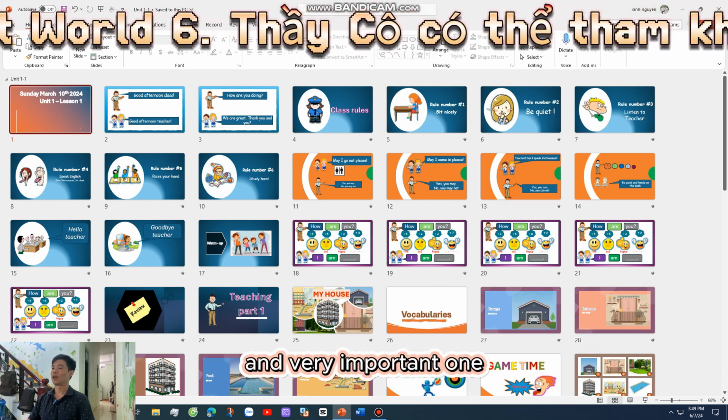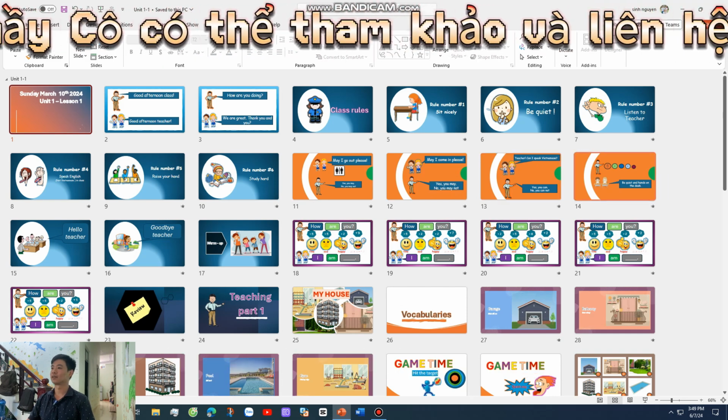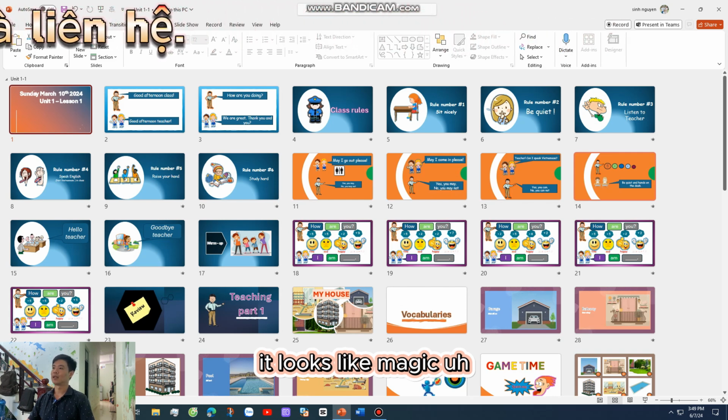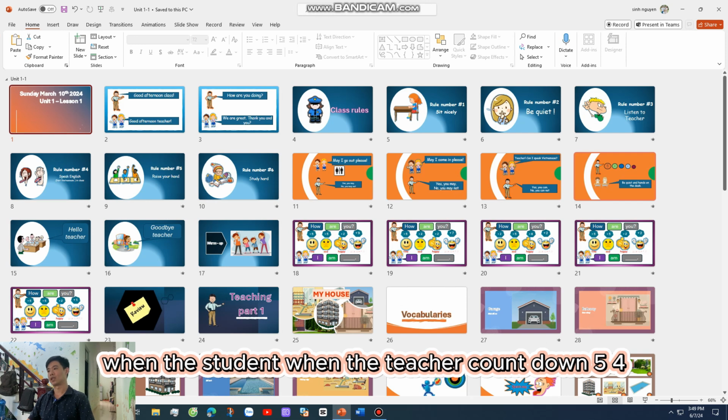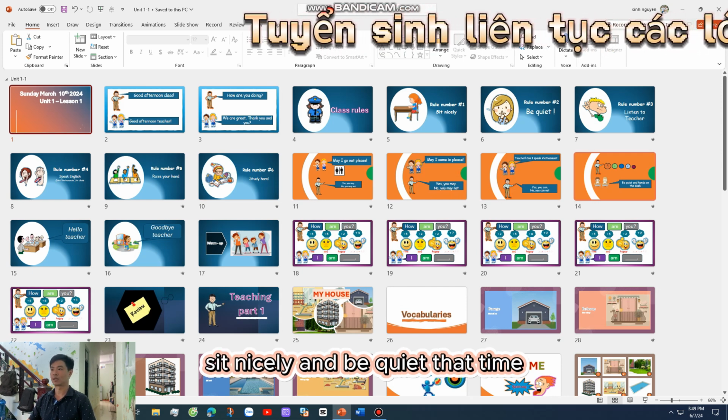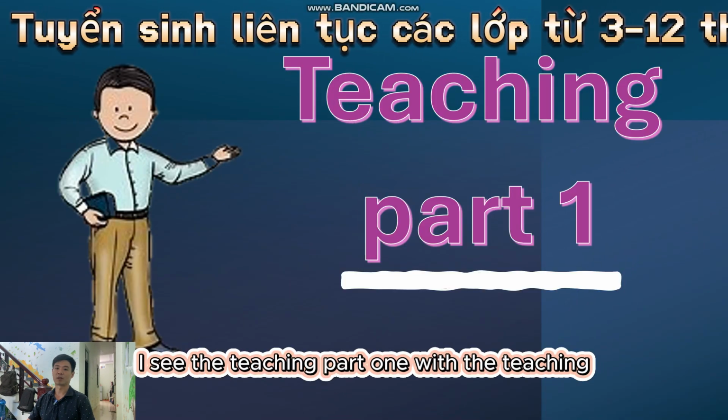And a very important one, it looks like magic: when the teacher counts down 5, 4, 3, 2, 1, everyone has to sit nicely and be quiet. That's teaching part 1.